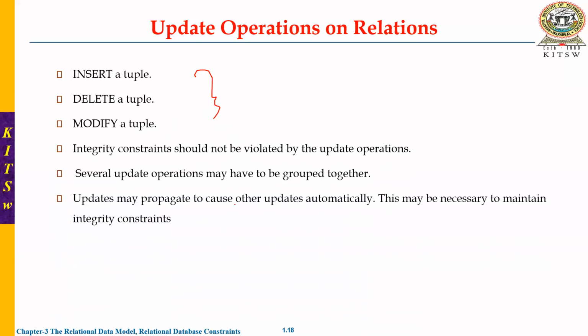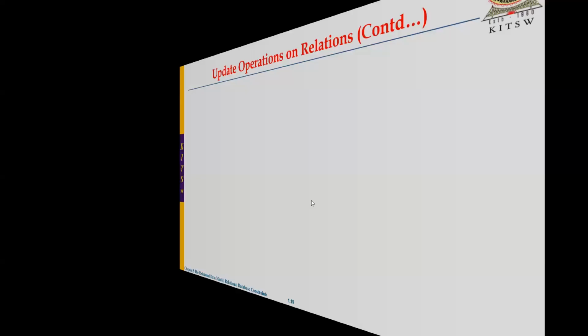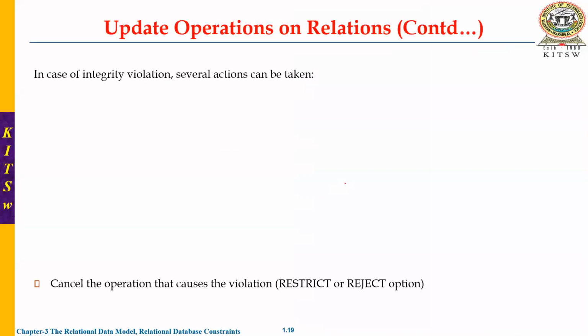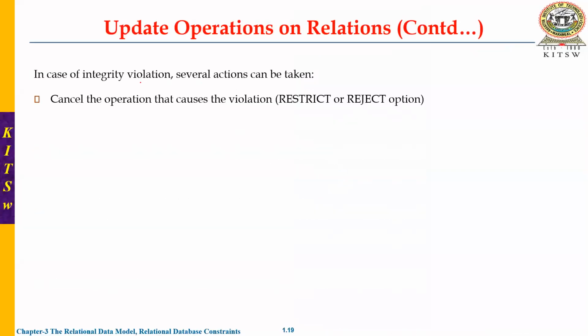The updates may propagate, causing further updates automatically. This may be necessary to maintain integrity constraints. In case of an integrity violation, when you are inserting, several actions can be taken. First, cancel the operation that is causing the violation, or perform the operation but inform the user about that violation.